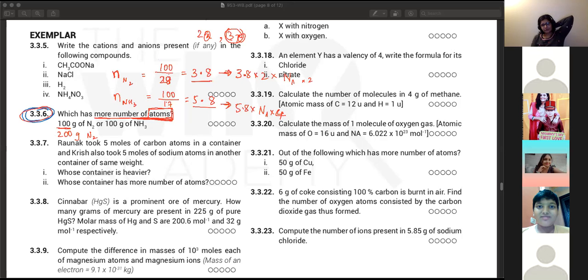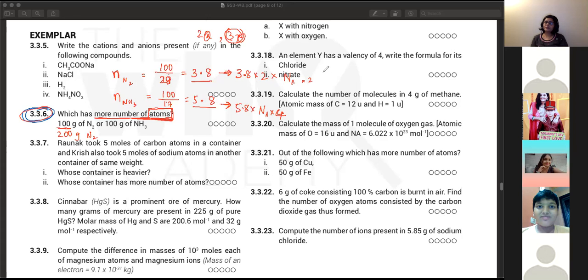So how many atoms does nitrogen have? Like if I took 200 grams of nitrogen, 2, ma'am, it remains the same. Yeah, so one molecule will give me 2 atoms.